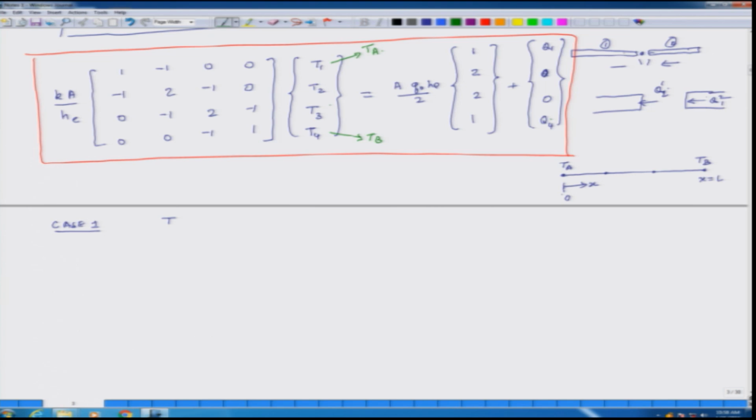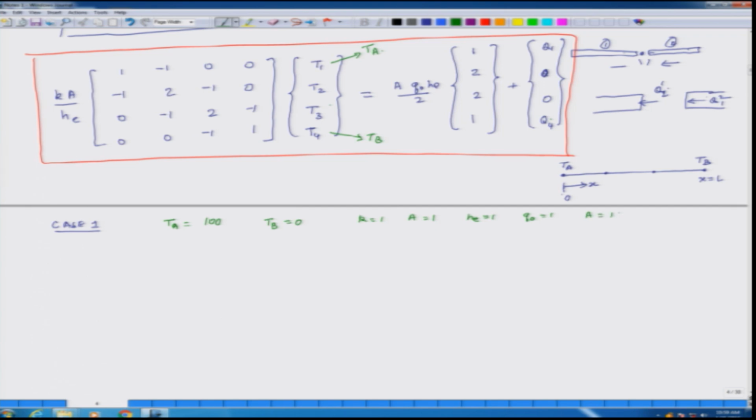Okay. So, let us say that T A equals, what did I assume, 100 degrees, T B equals 0, and then for the sake of simplicity I have assumed a lot of things as unity. So, I say K equals 1, A equals 1, H E equals 1, so that our computation becomes faster, that is all, and Q naught equals 1.